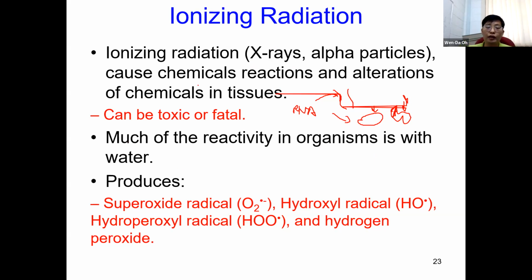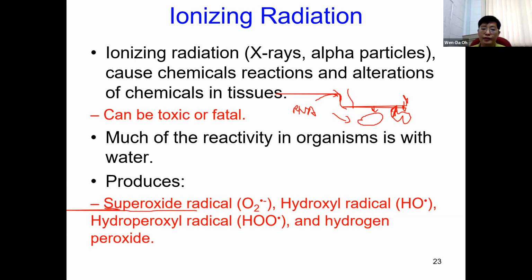So when we are exposed to ionizing radiation, you can have the liberation of radicals like superoxide radicals, hydroxyl radicals, hydroperoxyl radicals, and hydrogen peroxide, which can cause oxidative stress. Oxidative stress relates to the stress caused by certain radicals to our body.